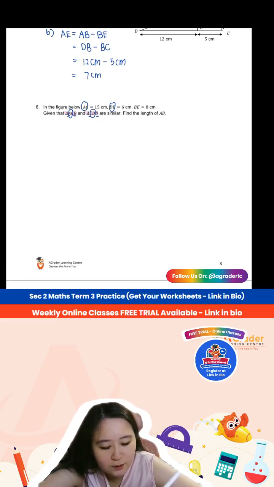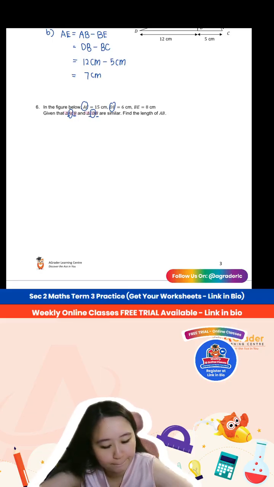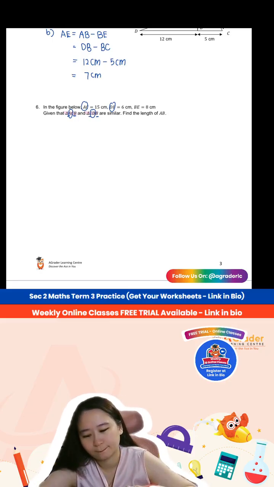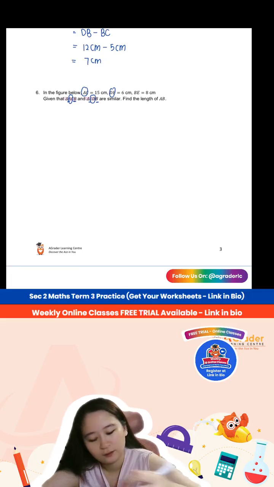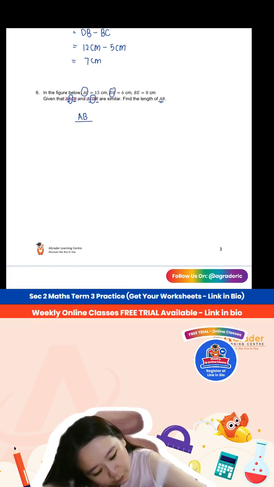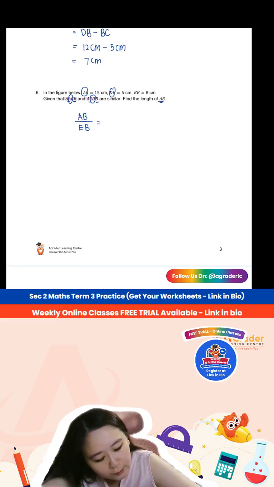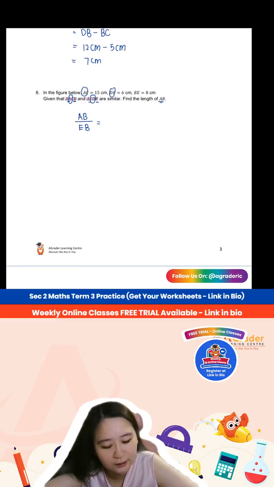Okay, so this AC over DE will give us the ratio. So using the information that's given, we want to find AB, right? So AB over EB equals, from the same triangle, we must use the triangle that we use for the length AB.